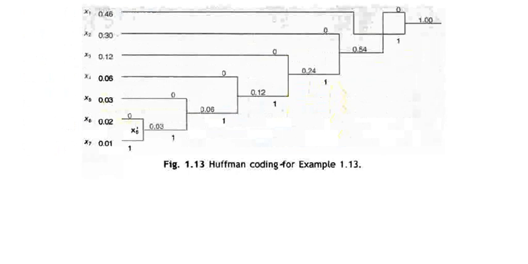Both are the same, so either 0 1 or 1 0 we can assign, no issue at all. But in general, when the combined probability and the present symbol probability are the same, we assign following the previous order. So the above one is assigned binary 0, to maintain proper flow.